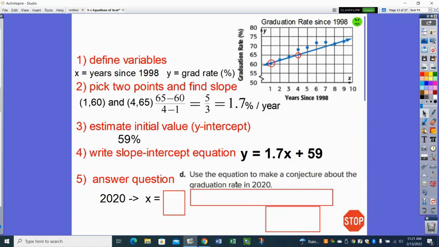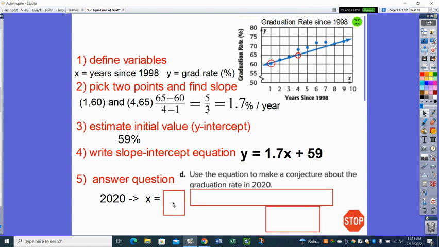So the question says, use the equation to make a conjecture about the graduation rate in 2020. So the first point is, remember Mr. Yuck, you're not putting a 20 in here because 2020 is not 20 years after 1998. It's 20 years after 2000, and you have to add 2 years.